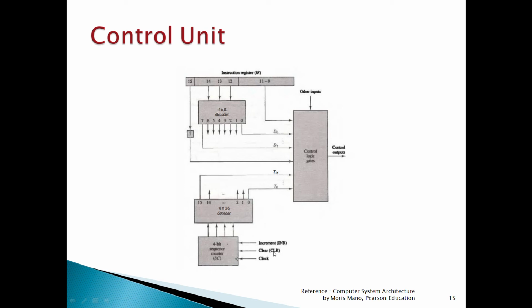Whenever we activate the clear input, it resets the sequence counter to all zeros. So you can say the clear input is there to reset the sequence counter to all zeros, right? And increment is to increment by 1 unit.